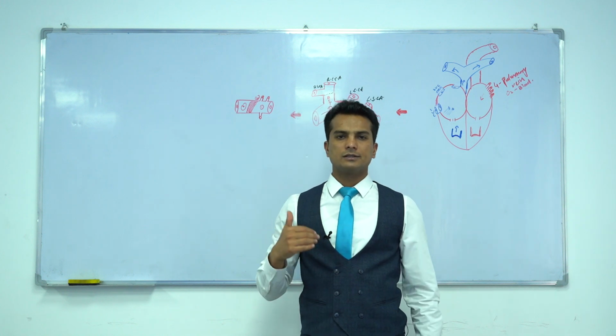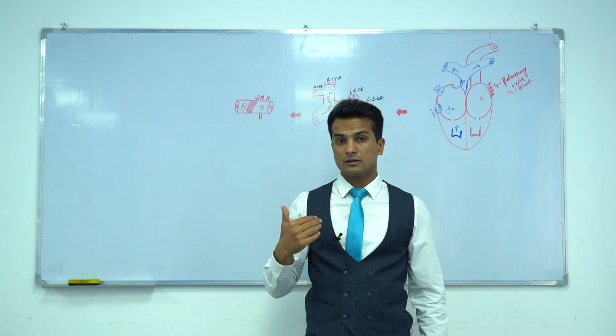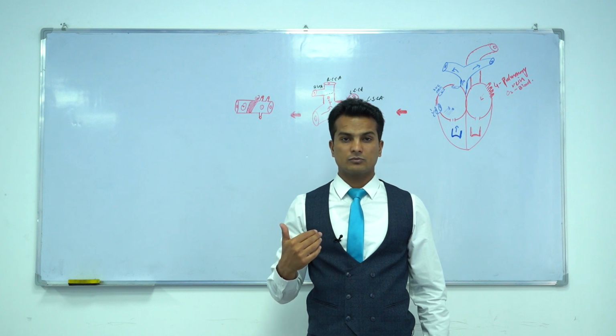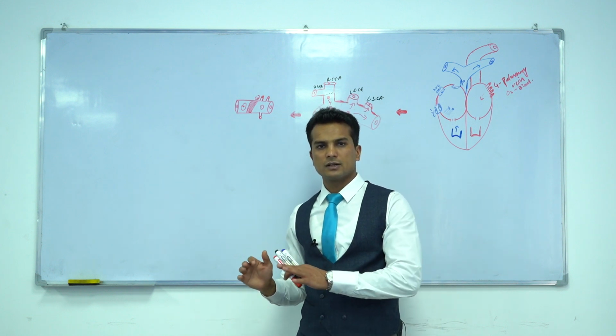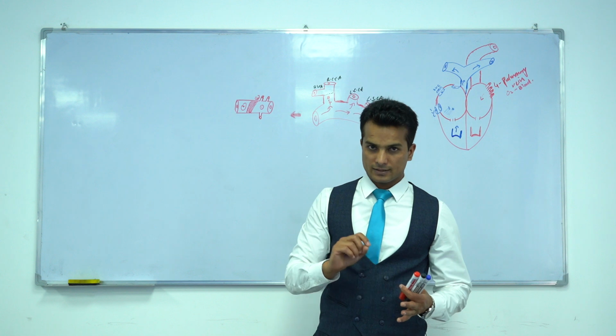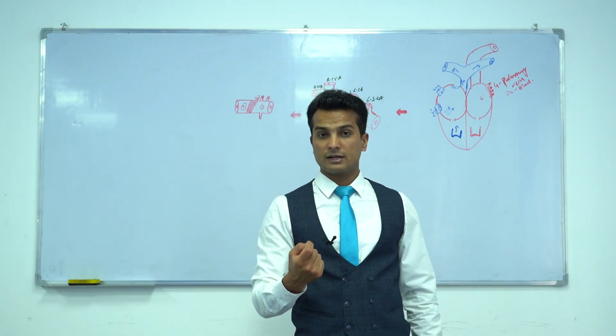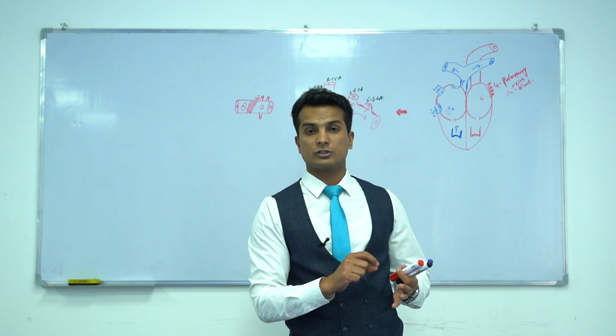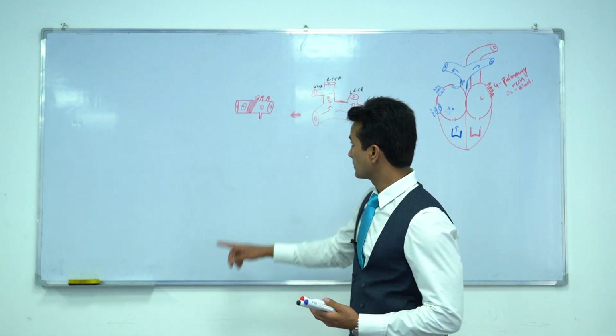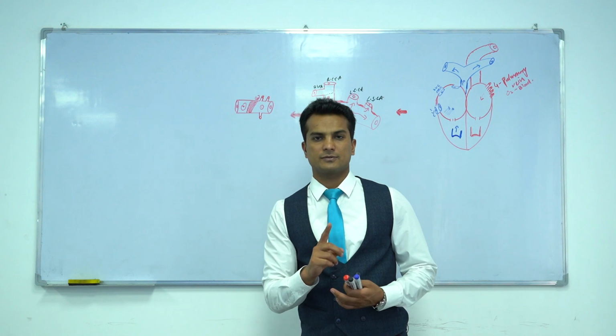The vertebral artery is a branch of the subclavian artery. Mostly students get confused in the exam and mark the vertebral artery as a branch of the carotid artery, but the vertebral artery is a branch of the subclavian artery, a first part branch.